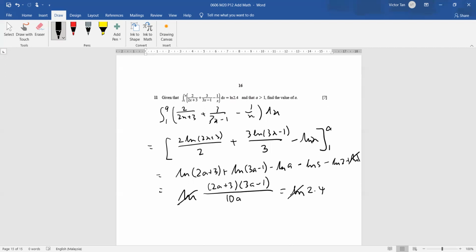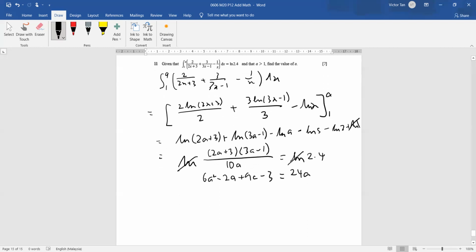So take the inverse ln of both sides, and expand. 2a times 3a is 6a squared, minus 2a plus 9a minus 3 equals 24a. Simplifying, 6a squared minus 2 plus 9 is 7, minus 24 is minus 17.